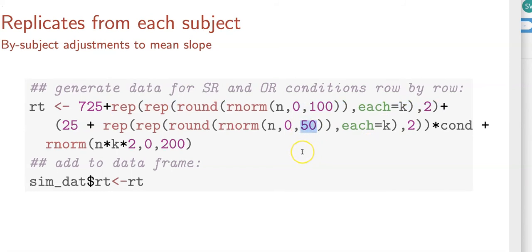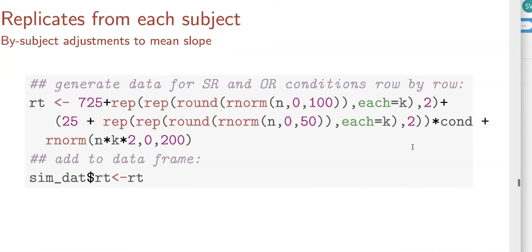Remember, I set up the varying slopes to have a smaller standard deviation. So I'm going to generate data for n subjects from this normal distribution, and then repeat each one of those numbers k times, and then repeat the entire vector twice, so that I have the vector for subject and object relatives. And that's it. Now I can generate data that actually has varying intercepts and slopes, right?